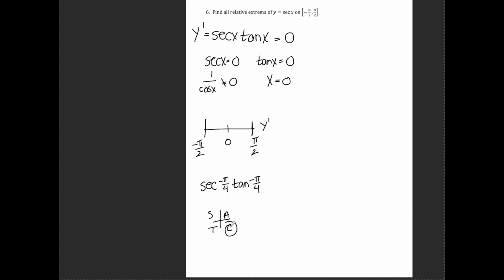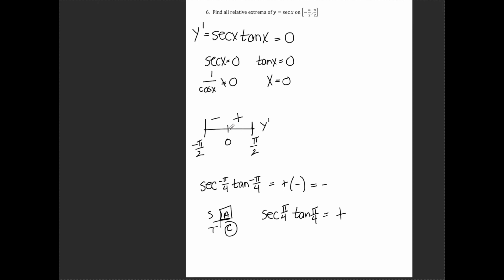Secant in this quadrant is positive because that's 1 over cosine. Tan is negative, and a positive times a negative is negative. For this interval, 0 to pi over 2, I can pick pi over 4. So secant pi over 4, tan pi over 4. Since I'm in the first quadrant for this piece, I know that I'm positive. So this has to be positive in that interval.